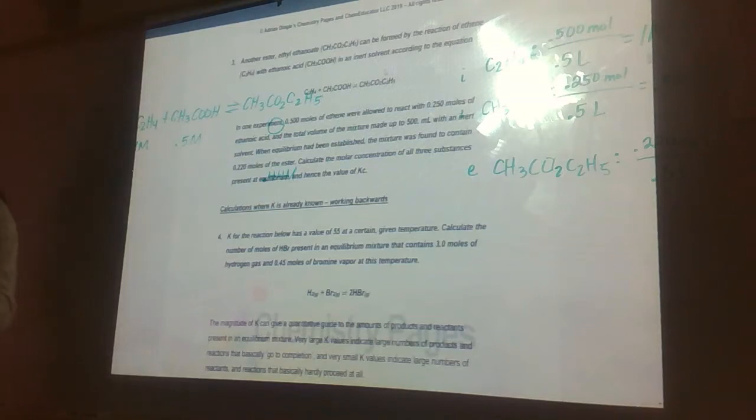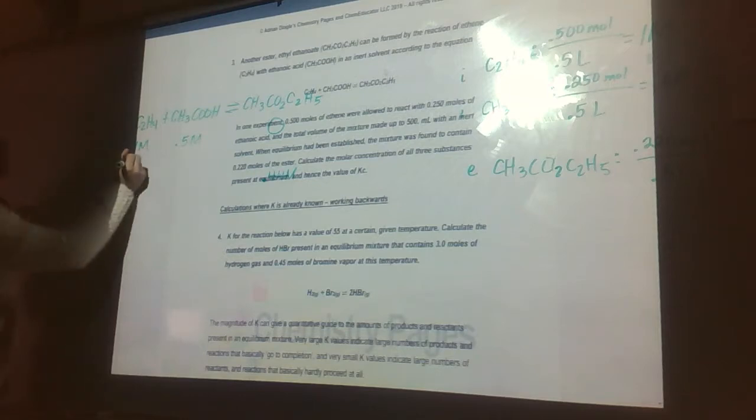Are y'all with me? At this point, I've just filled in everything that was given in the problem. I was told these are my initial concentrations, and this is my final concentration. I filled in everything I could on my ICE table. Then, once you know everything in the ICE table, you need to figure out what your change is. The change is usually going to be a variable to begin with.